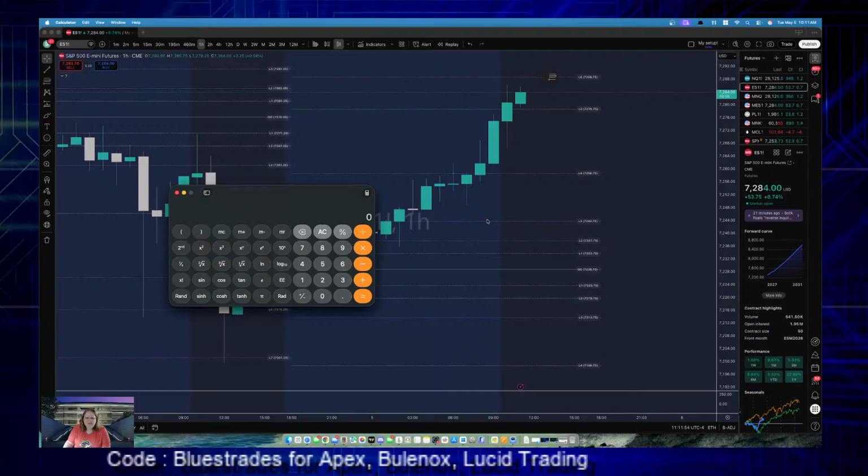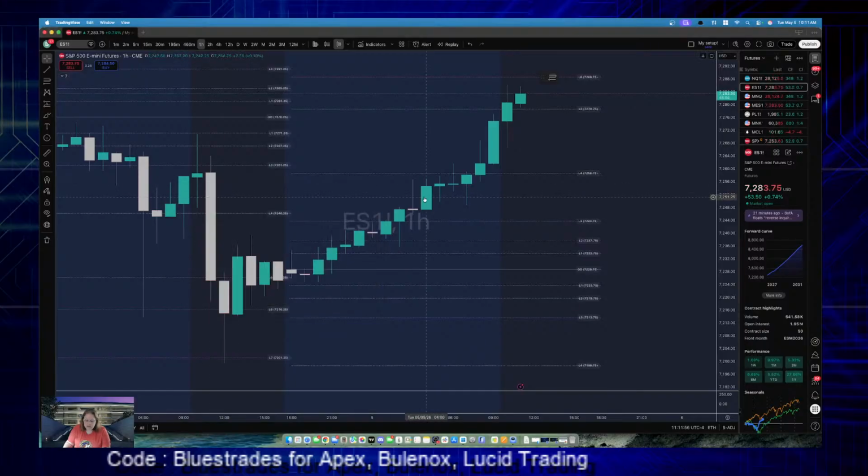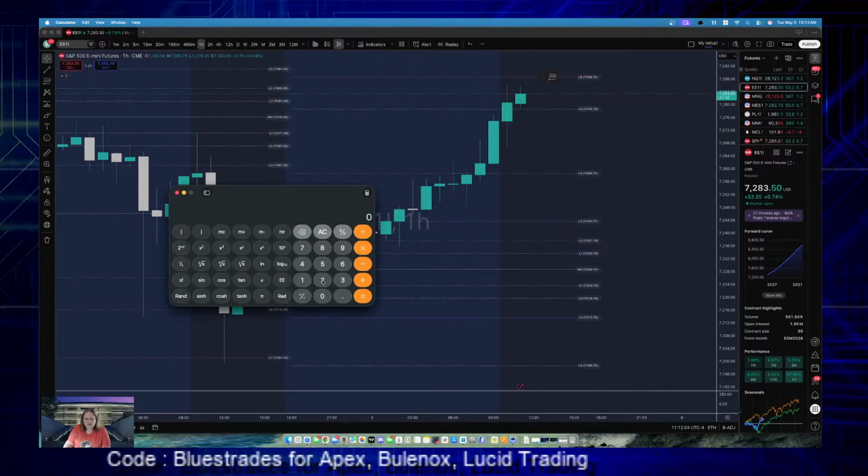We only got about 63 points of movement on ES, and according to the VIX, we should go about 126. Now, if you divide 126 by 2, that gives you 63 points, which is exactly how many points we've gone.